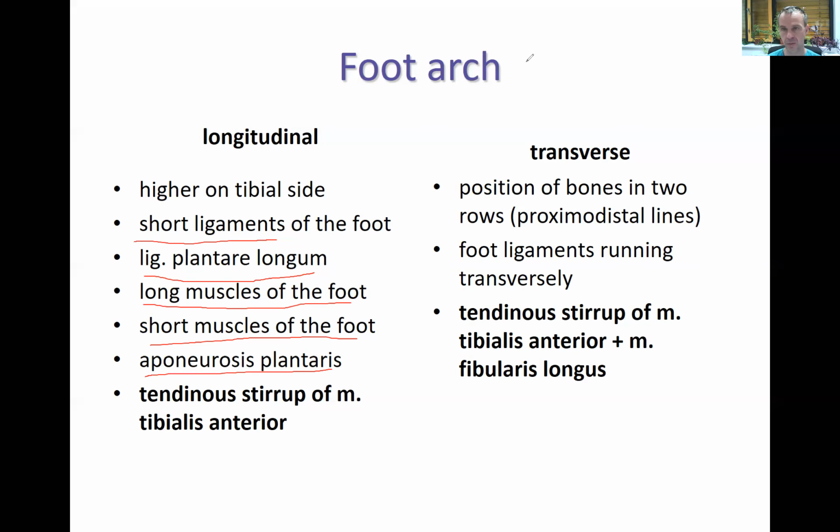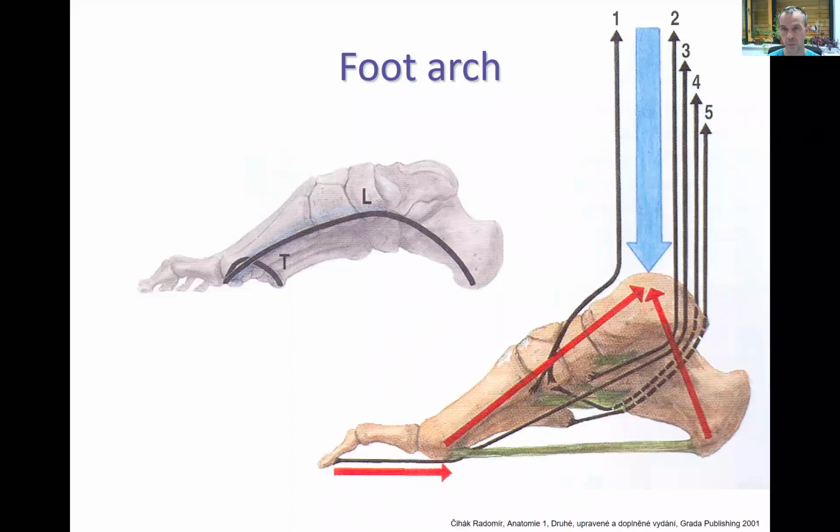So if you look at the figure, we can see the structures here: the short ligaments, the long ligaments, the long plantar ligament here. The short muscles are not shown. Plantar aponeurosis is here, and you can see the tendons of the long muscles.